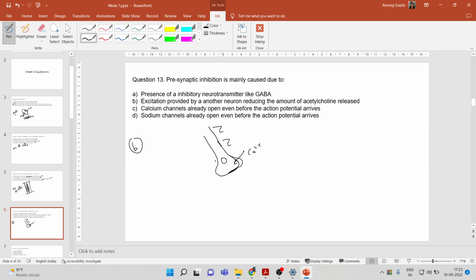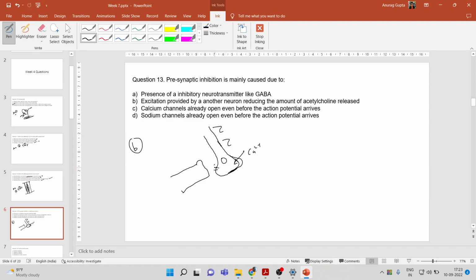That's the normal working. Now, let's say you have another neuron here which is exciting this particular region, the axonal end bulb. This is leading to opening of calcium channels, even when there's no action potential.